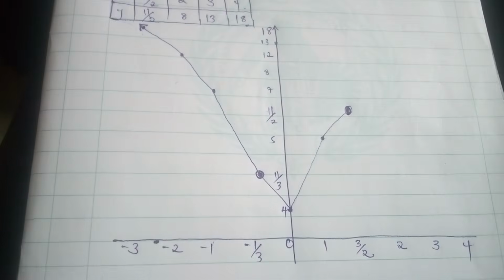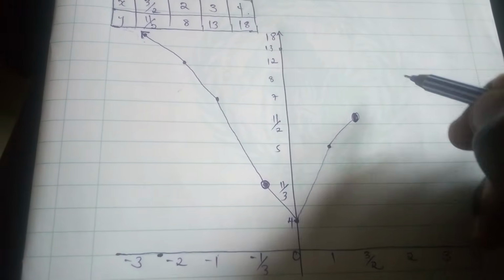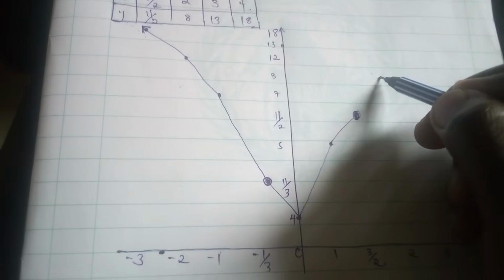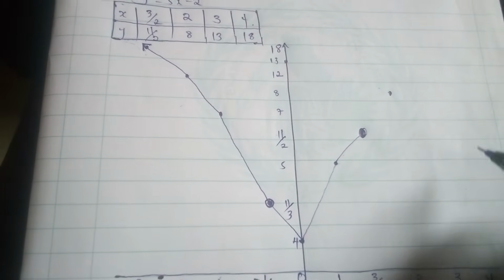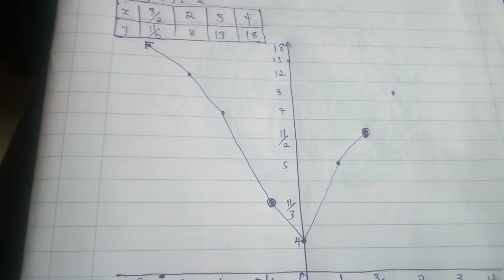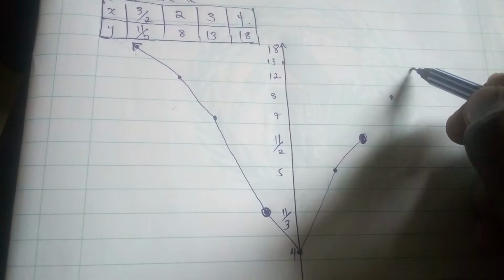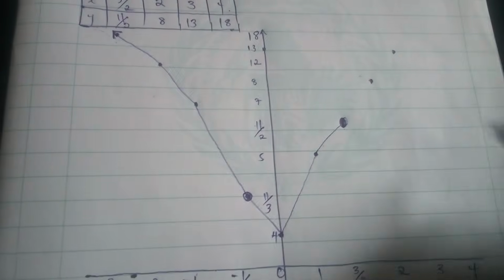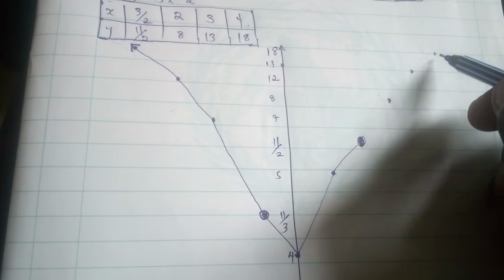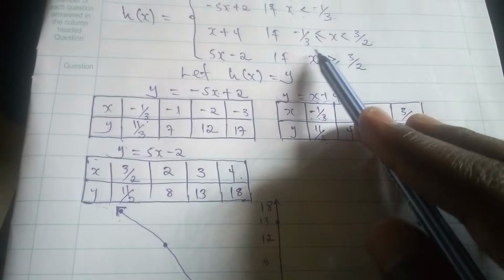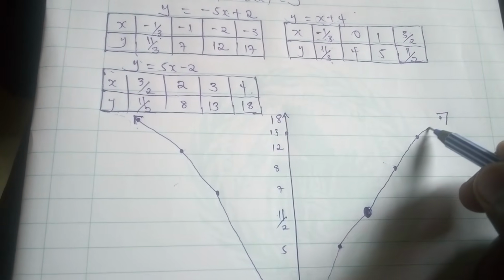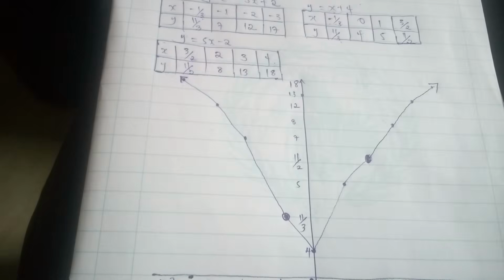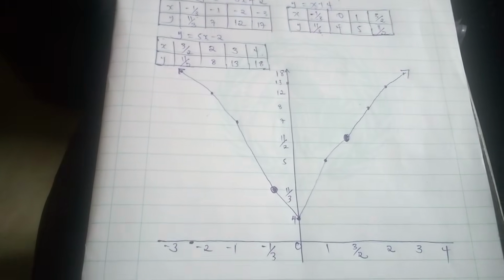And then 2, 8, see there, 2, 8, and then you're having 3, 13, that side, and then 4, 18, and those are not restricted, so you put the arrow there, and then you just connect. So it means that you have redefined and sketched the graph.